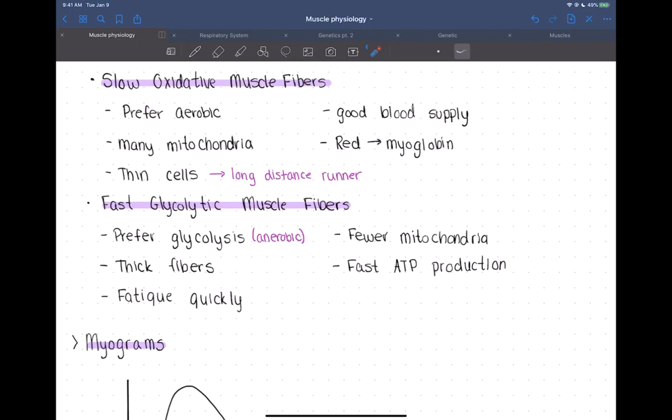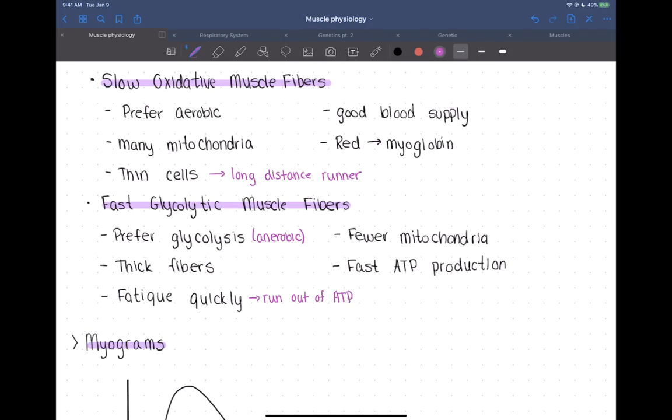They are very fast at making ATP because it's just the one step to make those 2 ATPs. So they make it very quickly, but they also fatigue very quickly, meaning they run out of ATP.